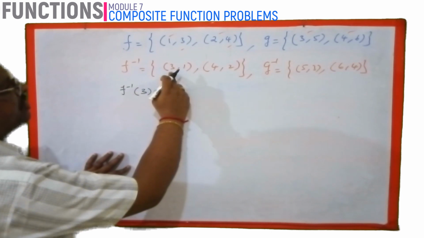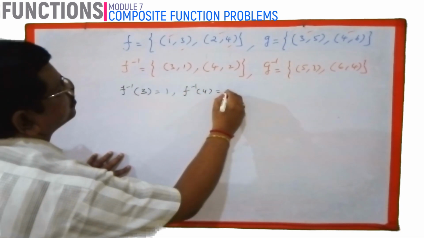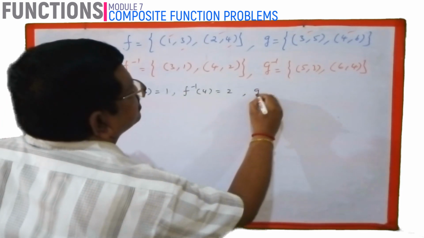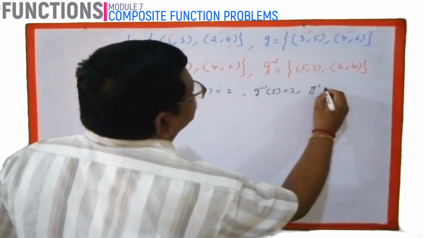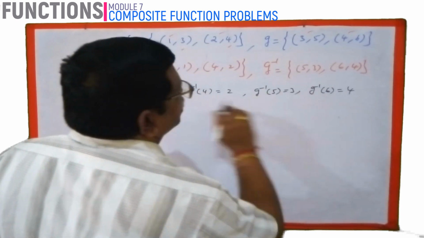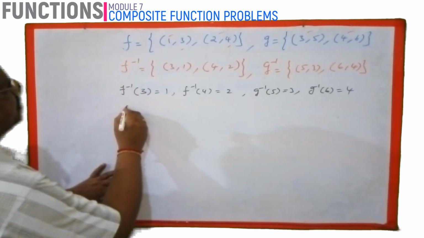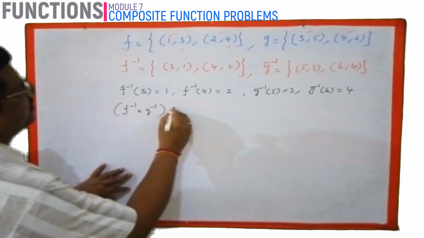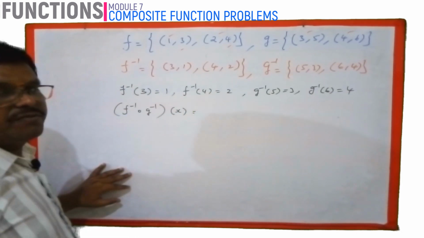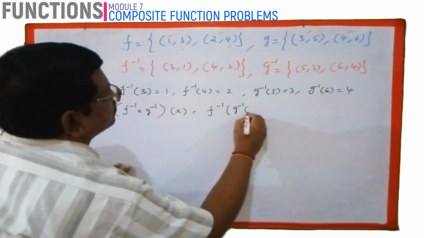Check it, the image of 3 is 1. f inverse of 4 is 2. g inverse of 5 is 3. g inverse of 6 is 4. Now we have got all these values separately. Let us find f inverse composite g inverse of x. So it will be f inverse of g inverse of x.